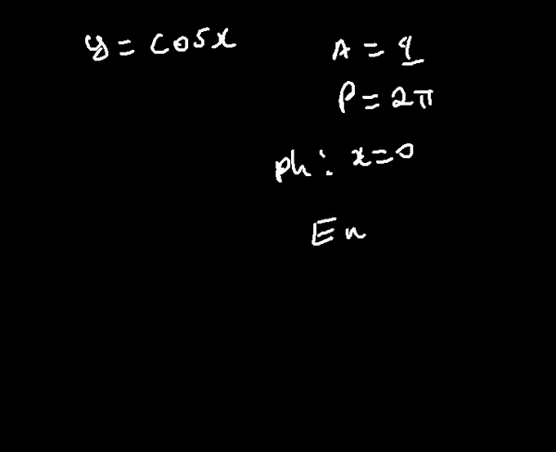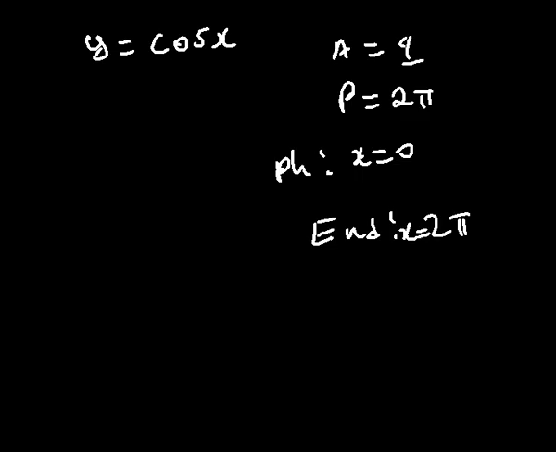And what is the ending point? The ending point is the period plus the phase shift, which is 2 pi. So x is equal to 2 pi. But now, if the phase shift is x equal to 0, what is the y value corresponding to x equal to 0?